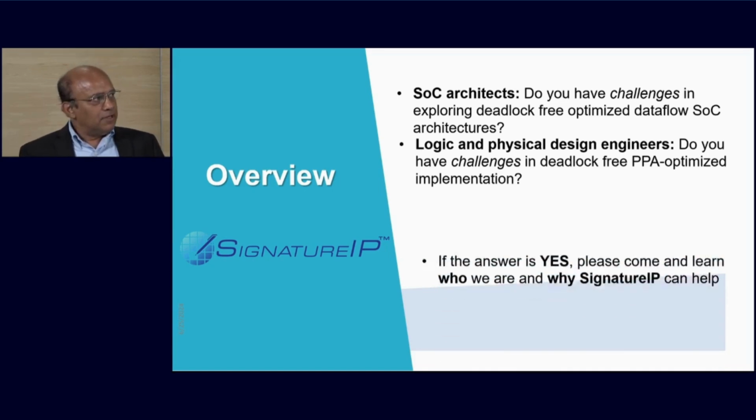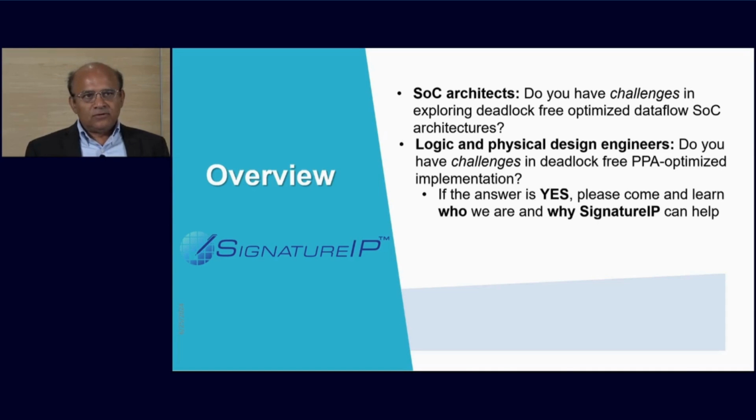So now, if the answer is yes to both of these questions, you are at the right spot talking to us at the Siemens booth and going over the Signature IP platform that we are building to overcome these challenges that SoC folks have using Siemens platforms.